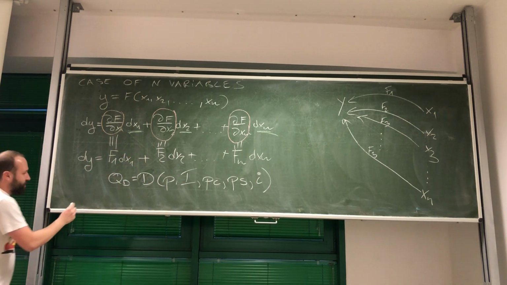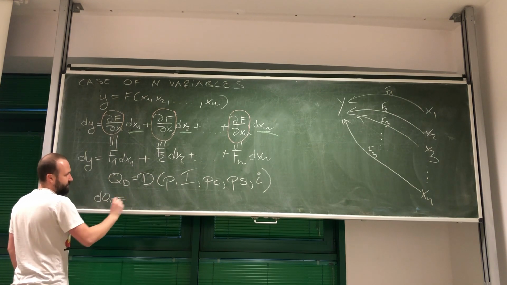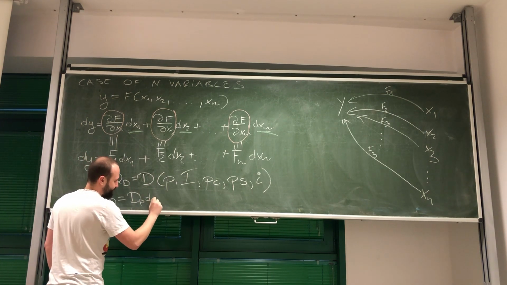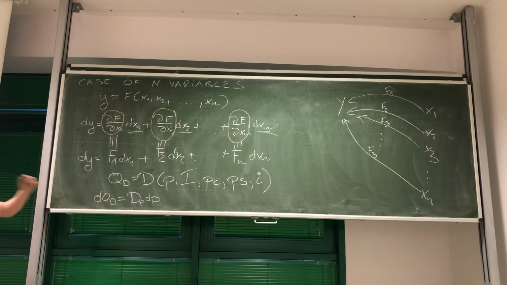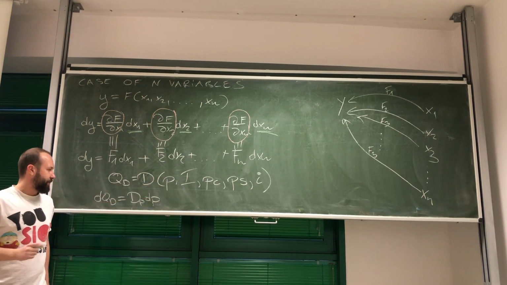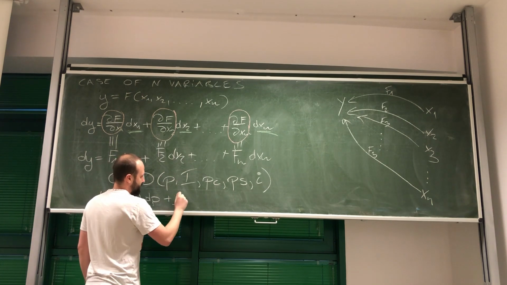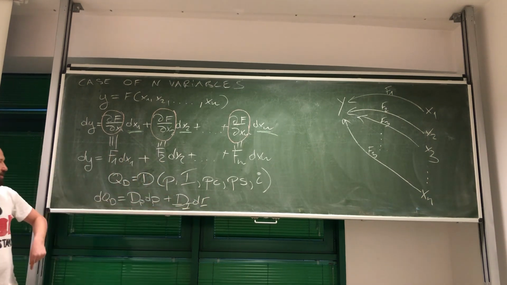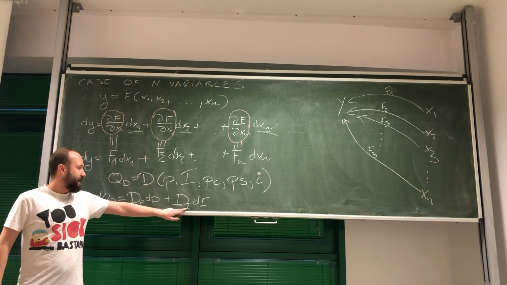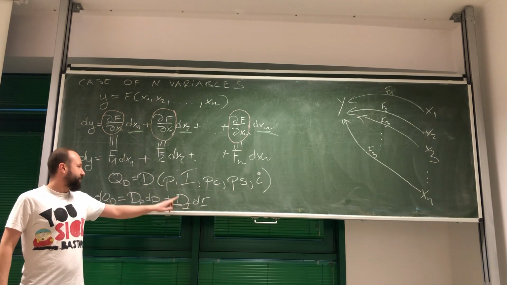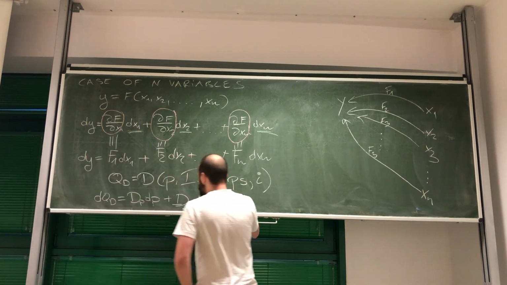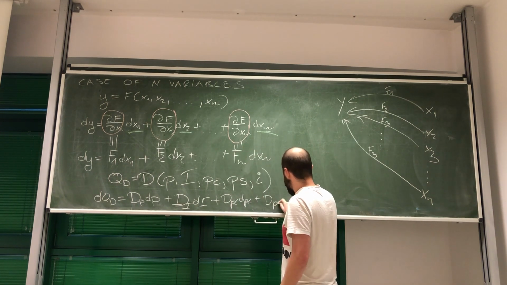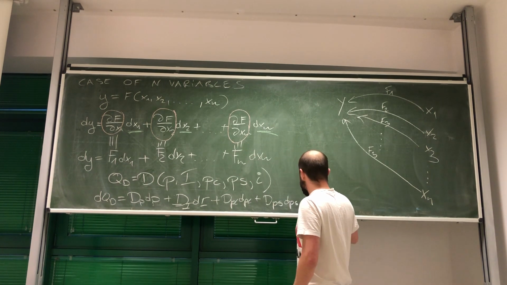So look, again, I can write the change in quantity demanded is the sum of: change in price times the derivative of demand with respect to price plus change in income times derivative of quantity demanded with respect to income, and similarly over here dPc plus dPs plus di.